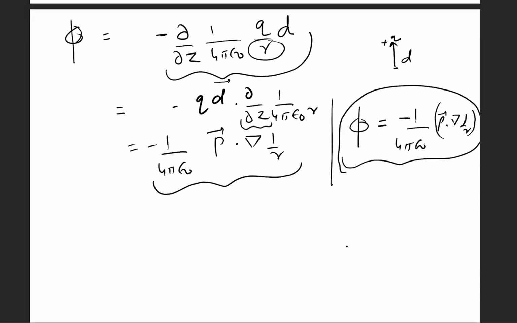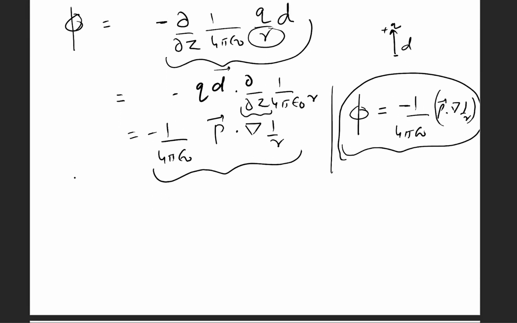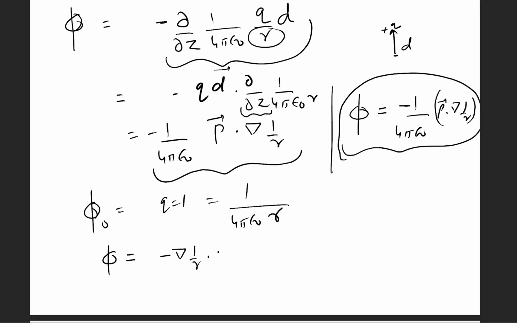Now there is one more thing. If I define phi naught as the potential when the charge is 1 unit charge, so it is 1 by 4 pi epsilon naught r. So we can clearly see that phi due to a dipole is simply minus del 1 by r dot q d, and q is 1 here, so it is simply minus p dot del of phi naught, because phi naught is this.